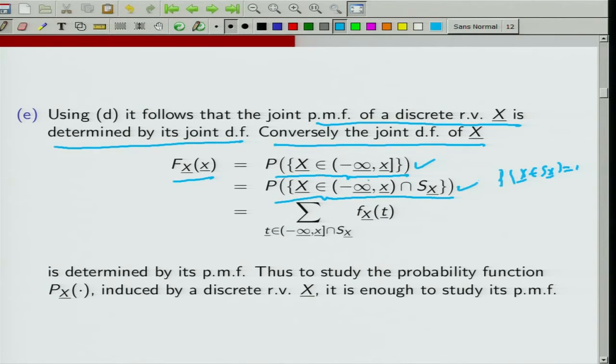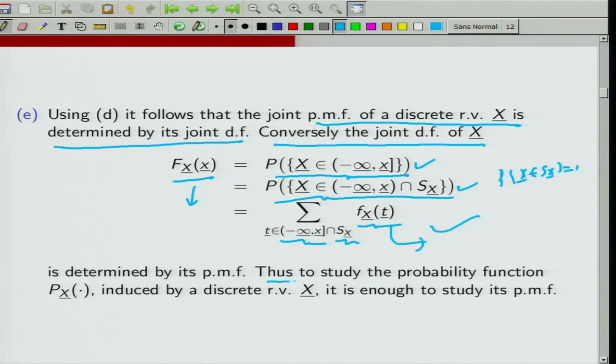Since this is countable, I can write this as a countable union of singletons. Those singletons would be in (-infinity, x] intersection S_X, and then probability X equal to t, which is f_X(t). So, this is what you get as F_X(x). That means if you know the probability mass function, you can get the distribution function. So, distribution function and probability mass function can be determined from each other.